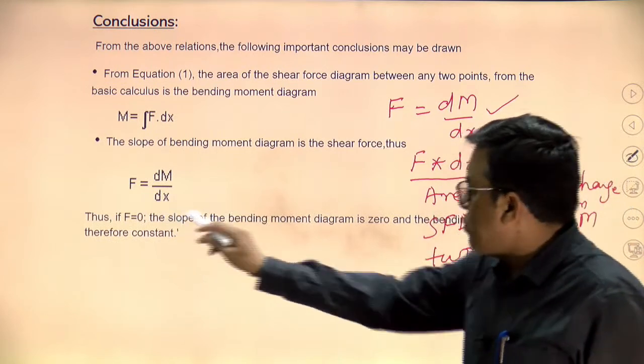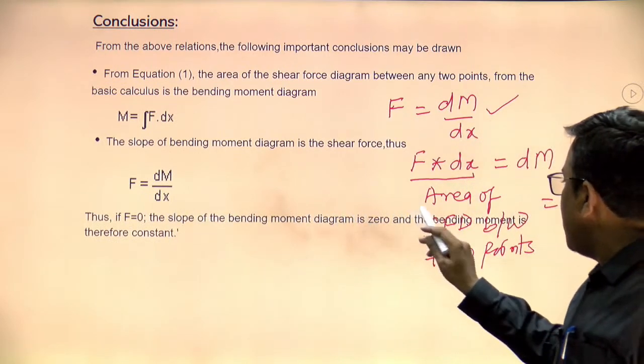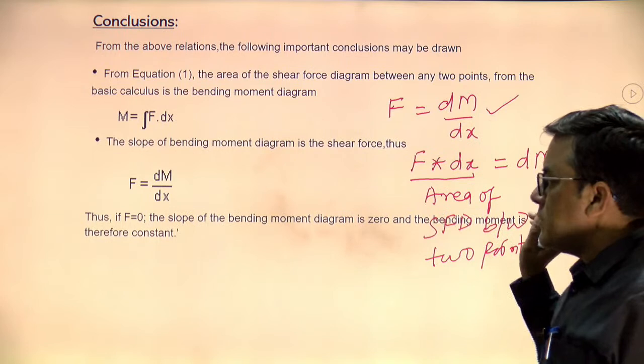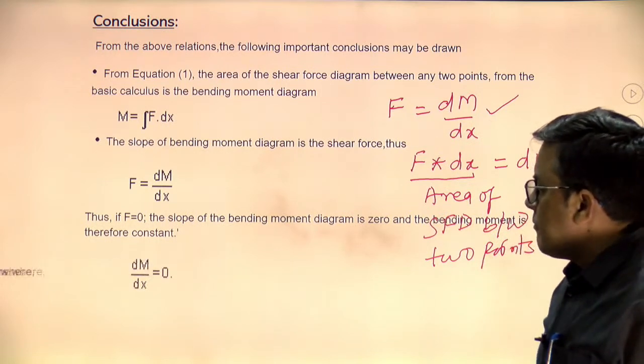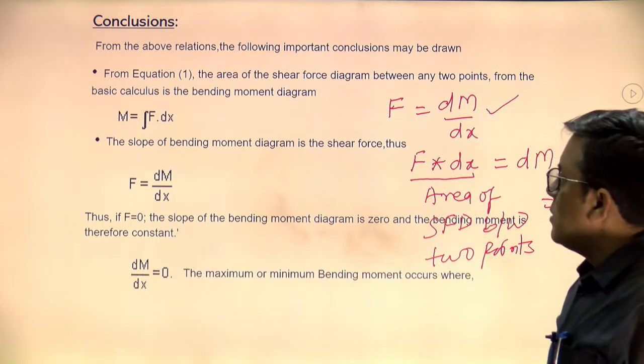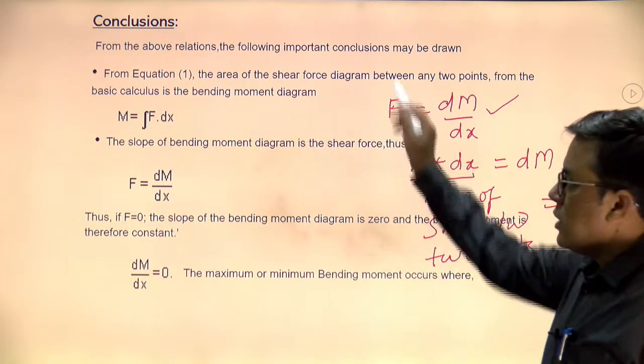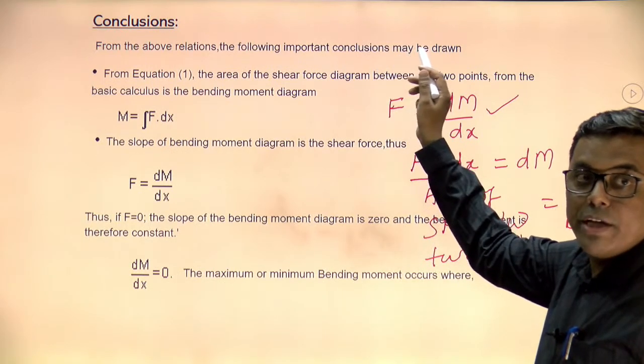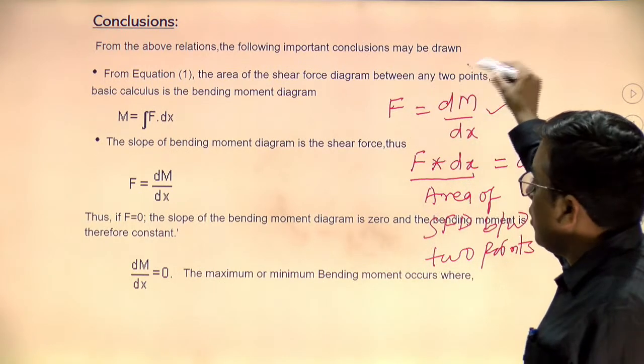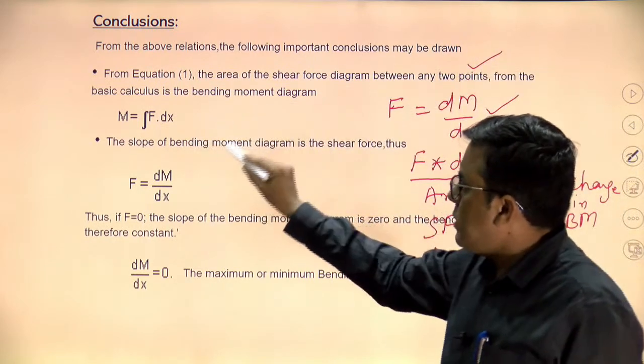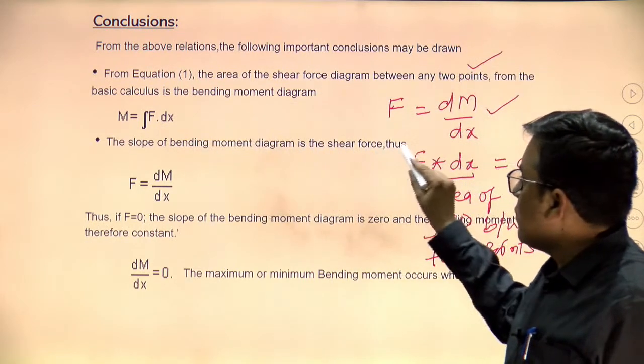If f equals 0, the slope of bending moment diagram is 0. The bending moment is therefore constant. So these are 2 or 3 conclusions. One conclusion is already there. Second conclusion, the slope of bending moment diagram is the shear force.